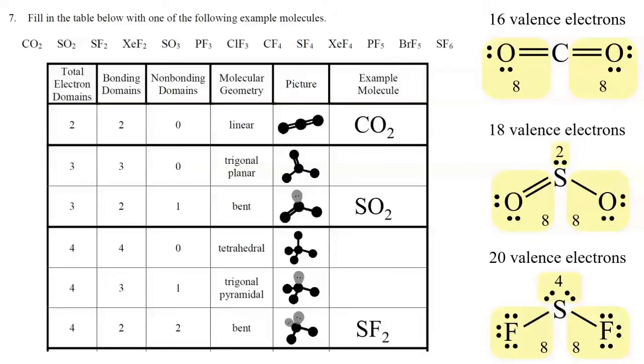So what I'm trying to do is, because each of these examples have terminal atoms that have a complete octet, so in other words, there's no hydrogen atom where you wouldn't have that complete octet, I can think in terms of multiples of 8. So when I have a multiple of 8, like 16, for example, then there will be no electrons left over on the central atom.